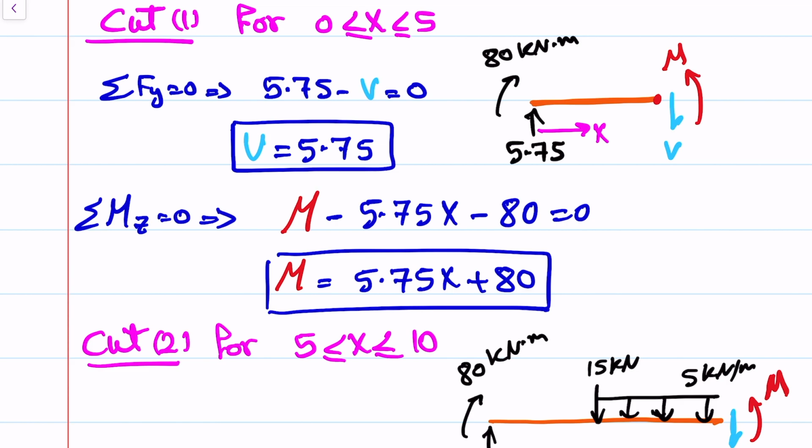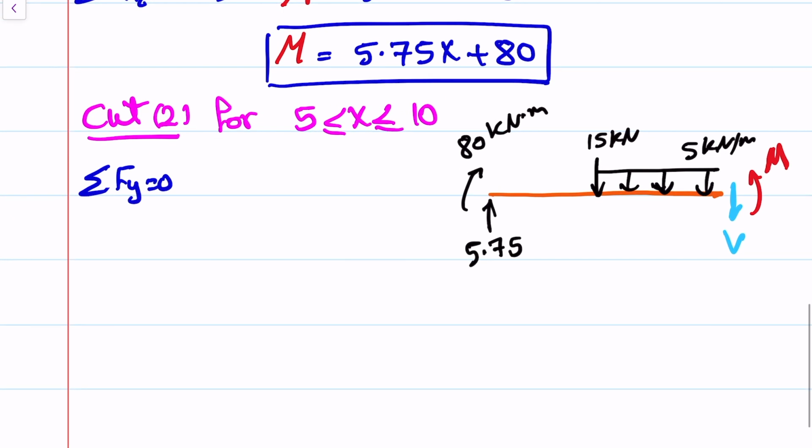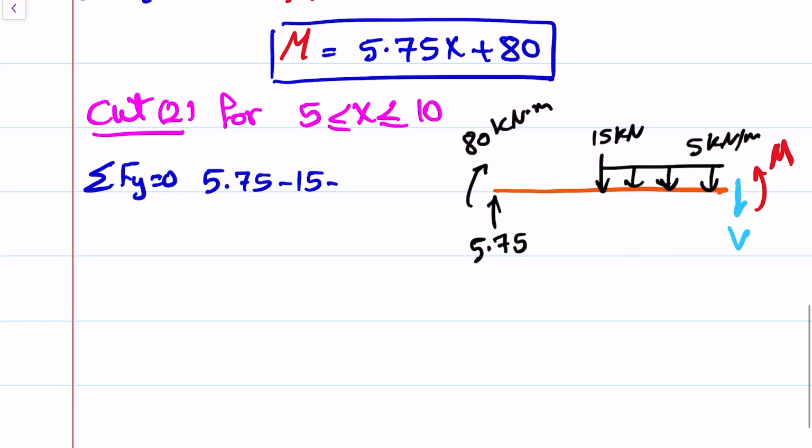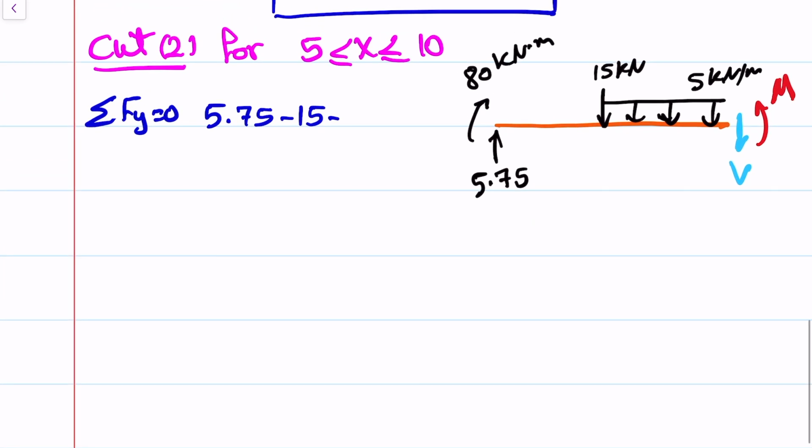Okay, so let's do the summation Fy equals 0. So we have the 5.75 minus 15 minus the 5, the distributed load. This is x, right?